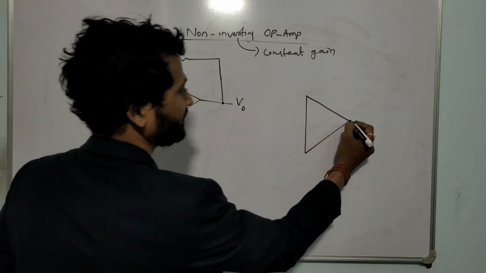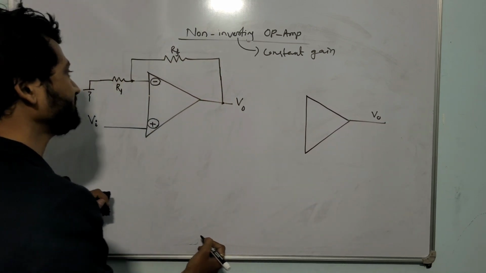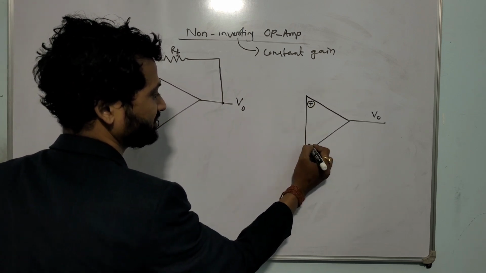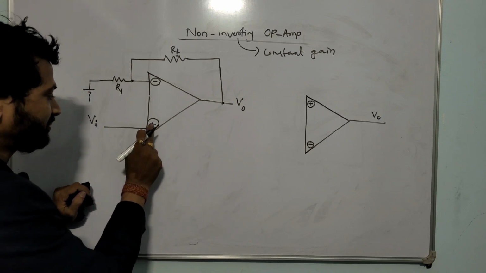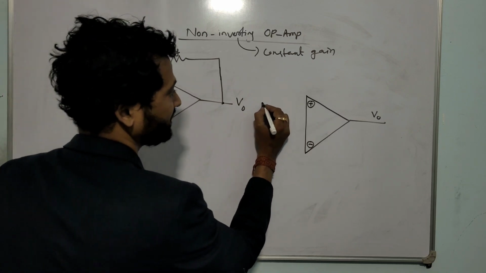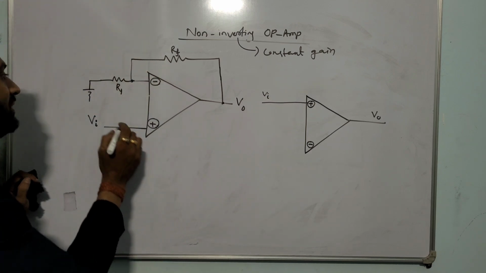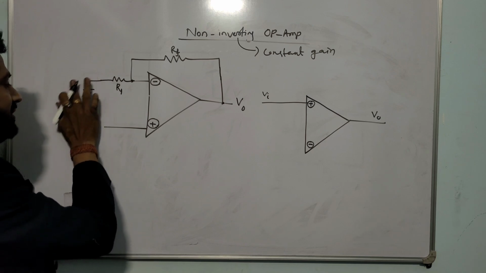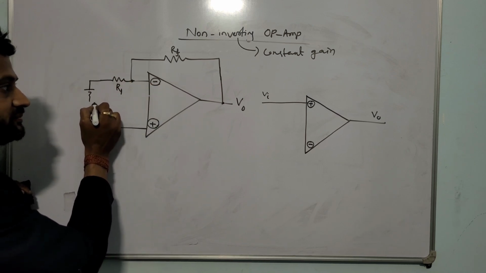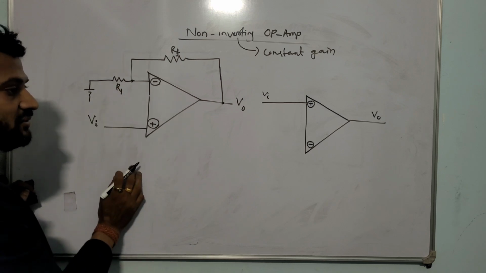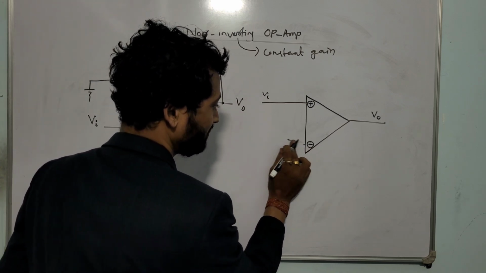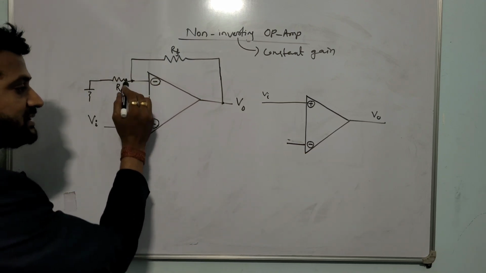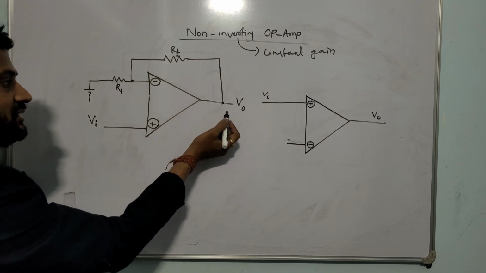See, you can draw the diagram. This is your output terminal. And change its position, change the position of this plus and minus, just change the position. Vi is given to plus. Next, the negative terminal, this is V1, sorry V2, whatever it is, the negative terminal is grounded through a resistance R1. The negative terminal has to be grounded through a resistance R1, and at the same time one feedback resistance is connected to this point.